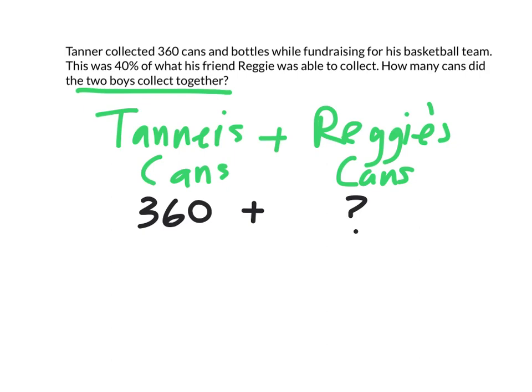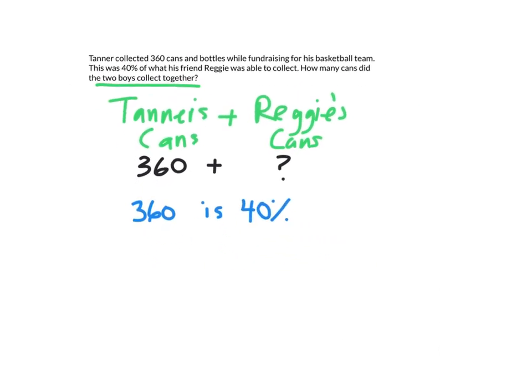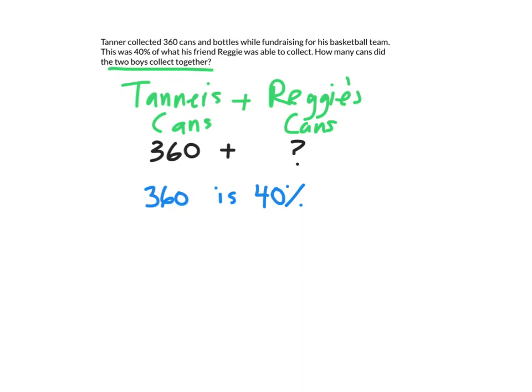So it tells us that Tanner collected 40% of what Reggie collected. So when it says this was 40%, it's saying 360 is 40%. And I'm trying to figure out the 100% because that would represent Reggie. So to get from 40% to 100%, I'm going to get to 10% by dividing by 4.